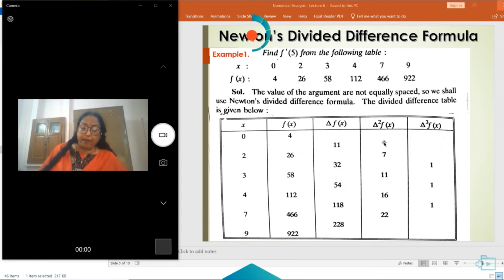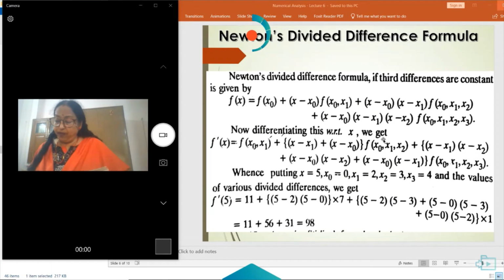This way you prepare the divided difference table, and applying Newton's divided difference formula, you substitute the values of these, and then differentiate the function obtained, then put the value of 5 here, then put the value of whatever you need.